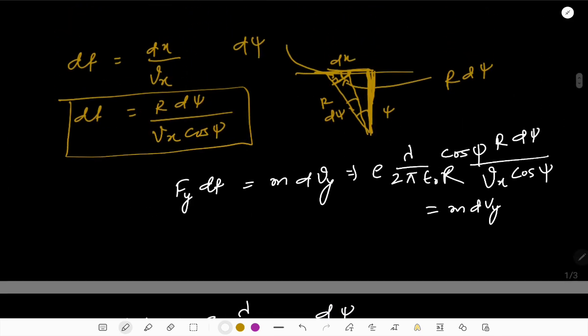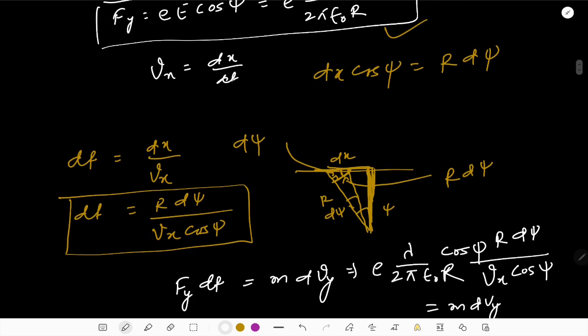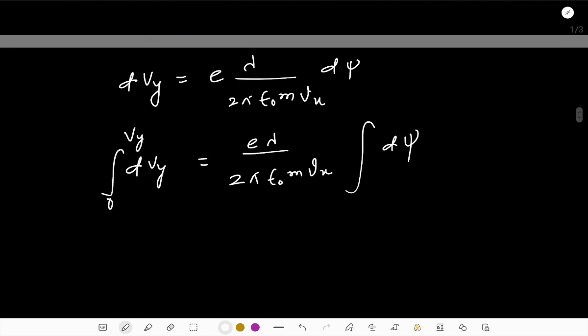And d psi is the angle made by this wire, and no problem at all. The psi has limits from minus infinity because the wire is infinite, that is, the angle psi lies from minus pi by 2 to pi by 2.